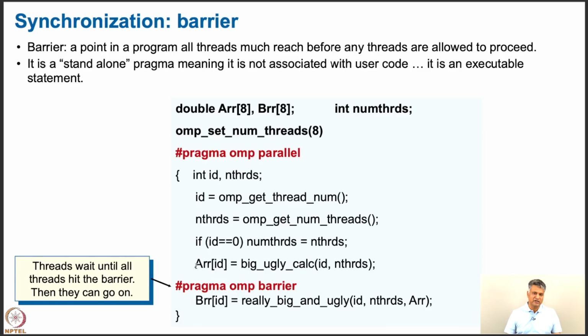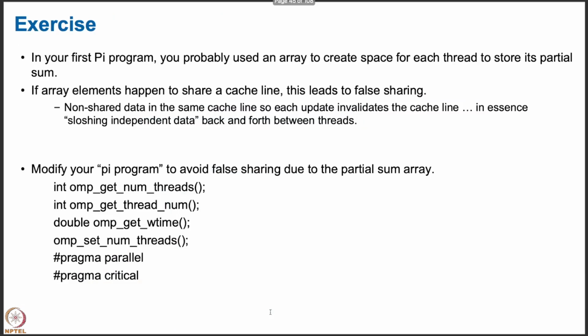In short, each of the individual threads will execute all these lines of code, then wait at the barrier over here, and once all the threads have reached this point, only then will the next set of lines be executed. So that's how a barrier works.